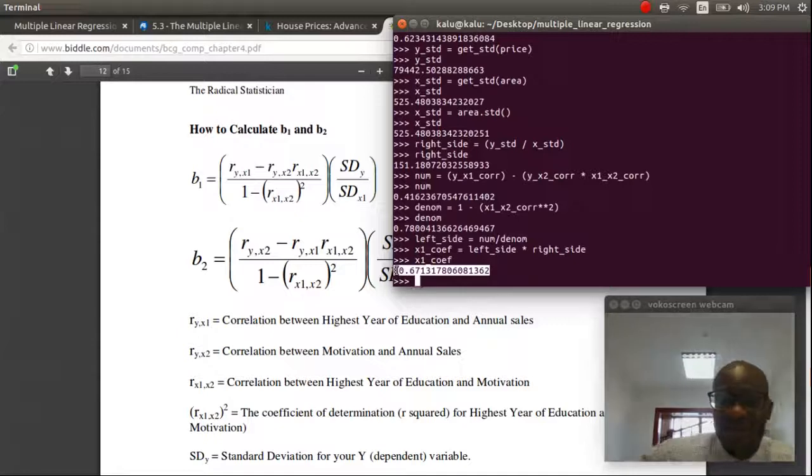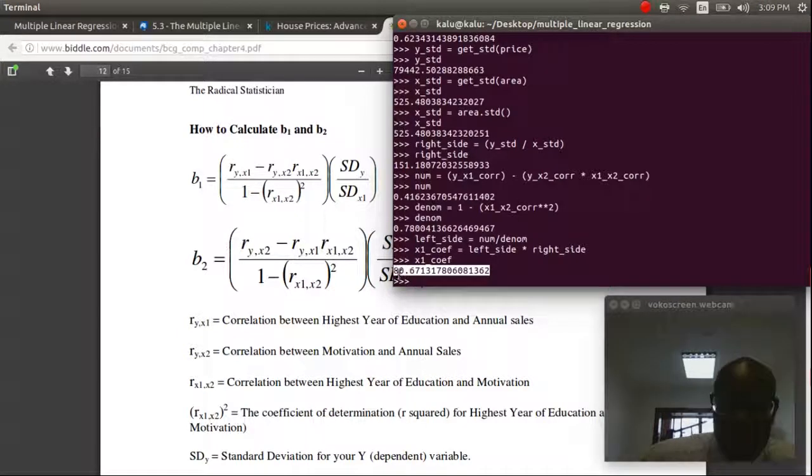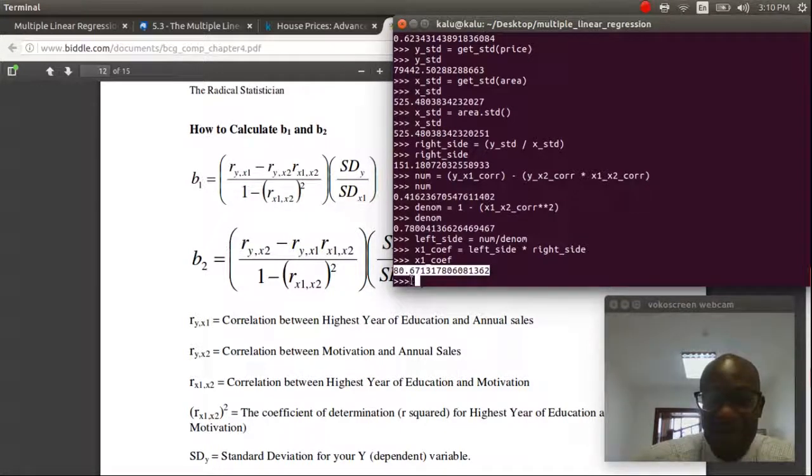That means that for every 1 square feet increase in our first independent variable, which is the total ground area in square feet, there should be an $80 increase in price. That's what this coefficient means.